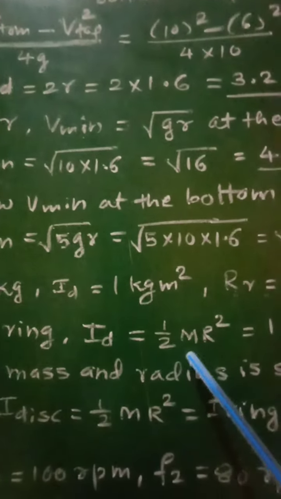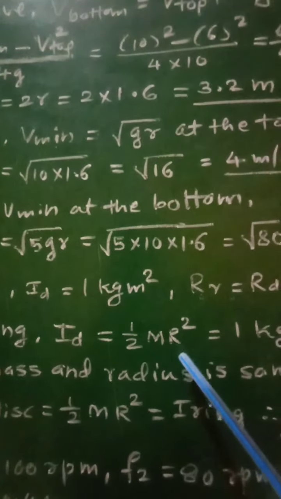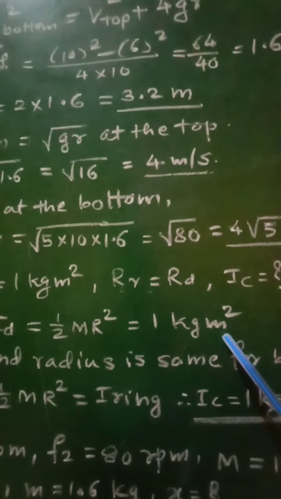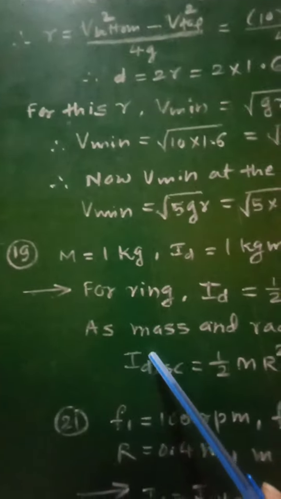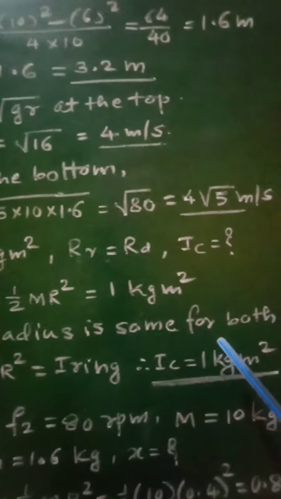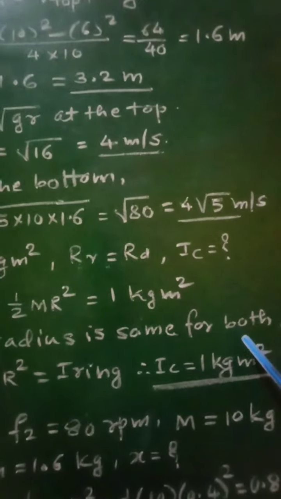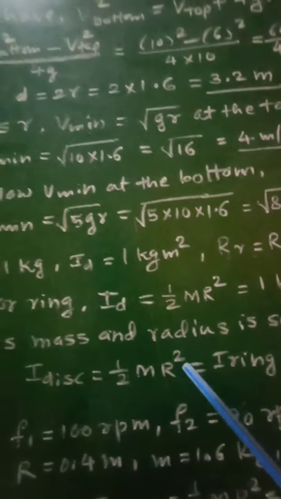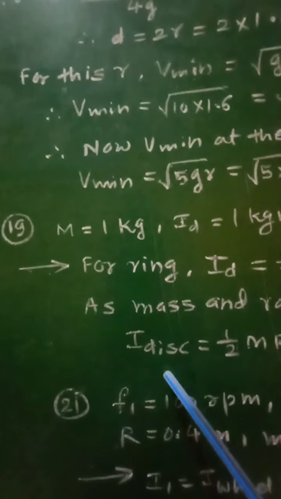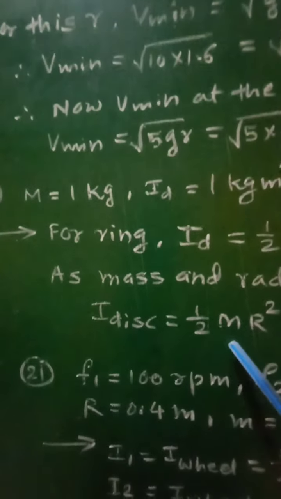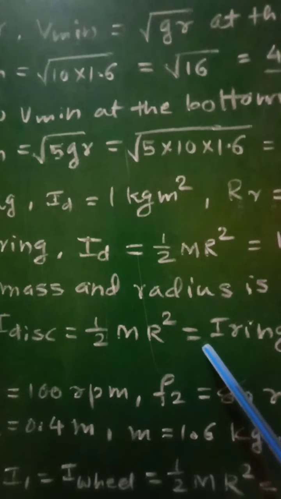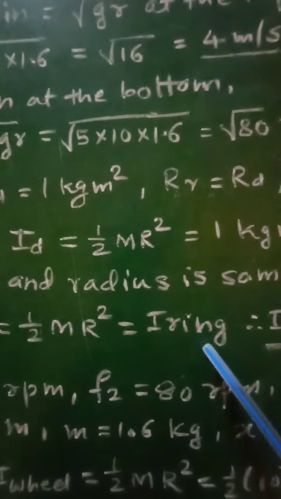In the solution we can write, for the given ring, ID, the moment of inertia will be equal to half mr square, which is given as 1 kilogram meter square. Now, as mass and radius are the same for both ring and disc, the moment of inertia of the disc, I disc, will be equal to half mr square, that will be equal to I ring.